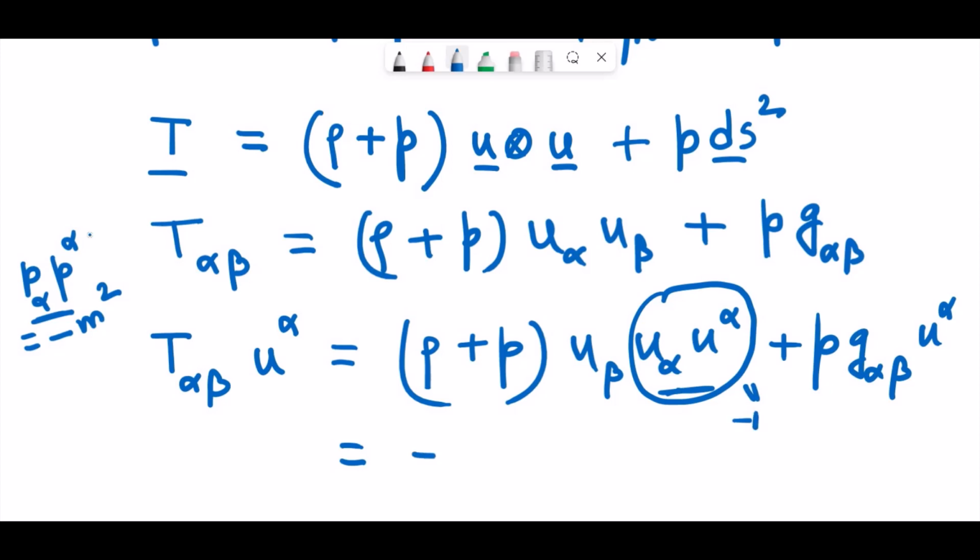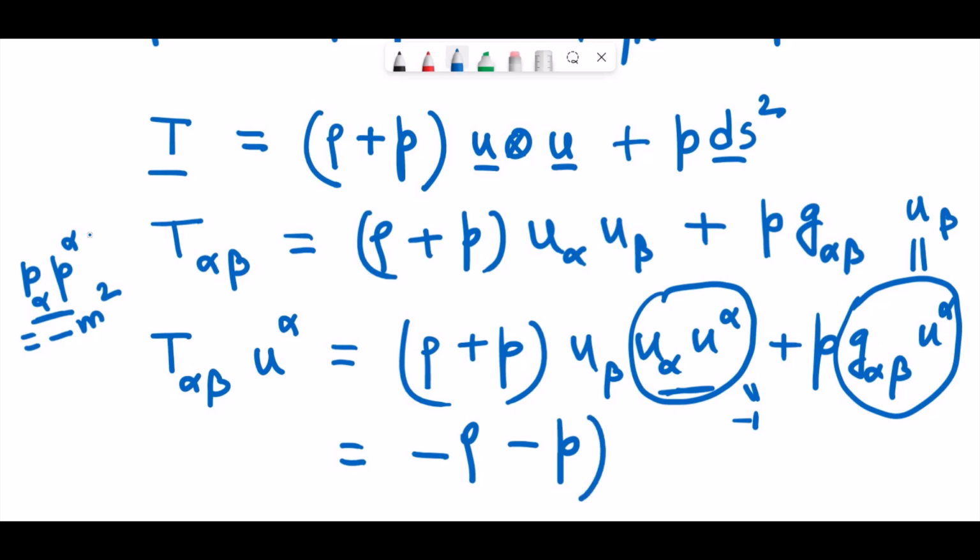So what we have is negative rho, negative p, and from here, this object from this contraction gives us u of beta. So we have this multiplied with u of beta plus p u of beta.